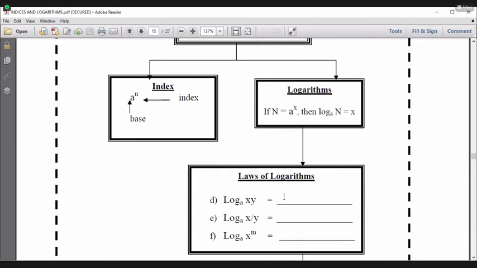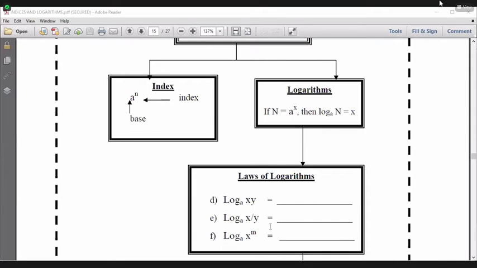Log to the base A x plus log to the base A y.